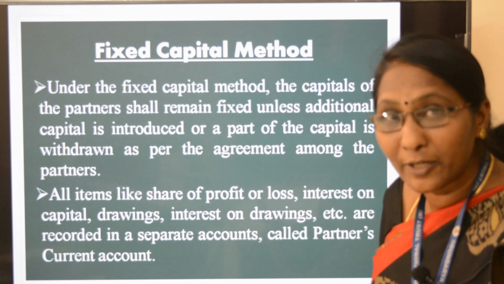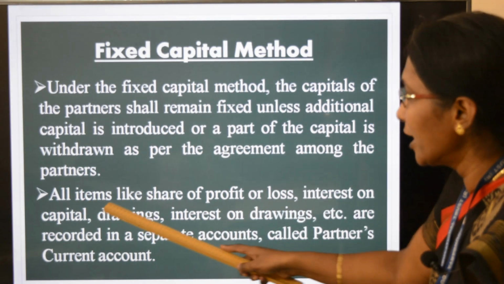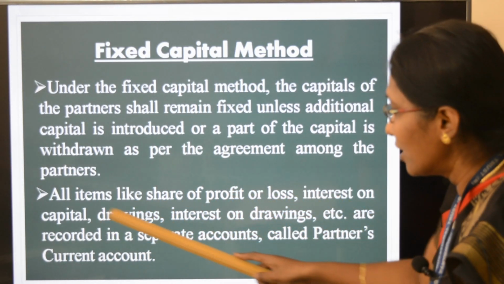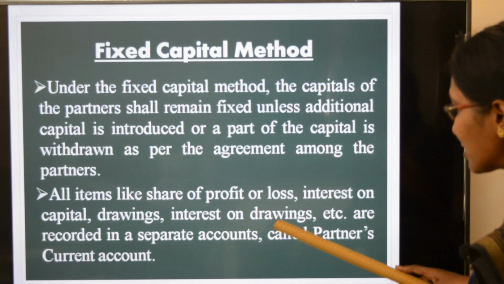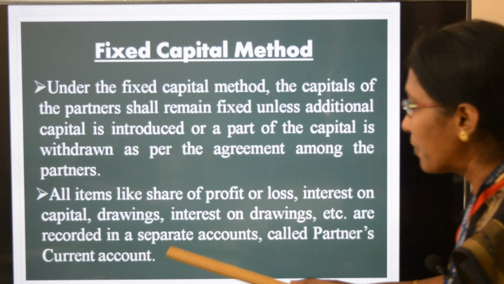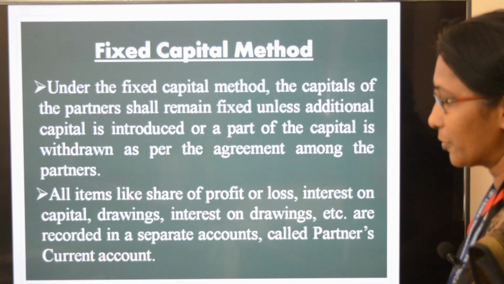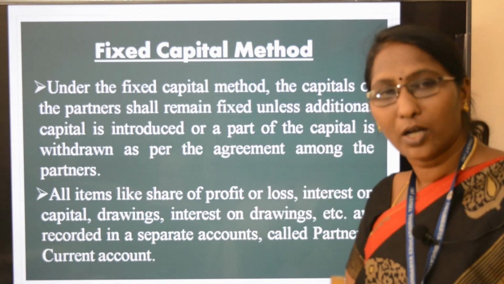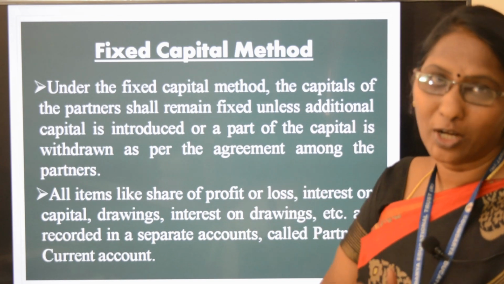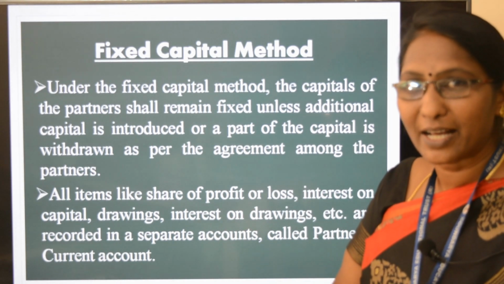Where do we enter them? We prepare a separate ledger for all items like share of profit or loss, interest on capital, drawings, interest on drawings. All these adjustments are recorded in a separate account called the partner's current account. So in this fixed capital method, we prepare two ledgers: the partner's capital account and the partner's current account.